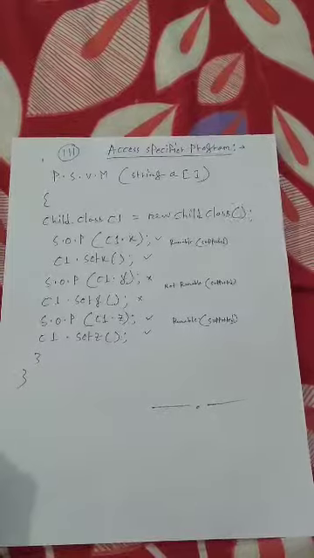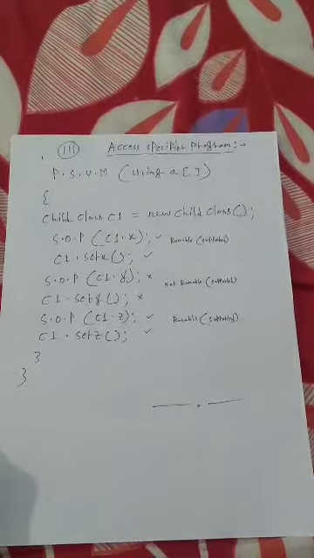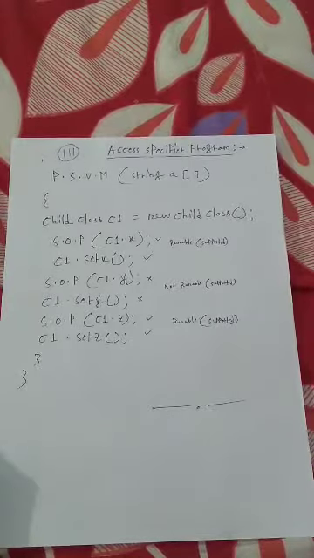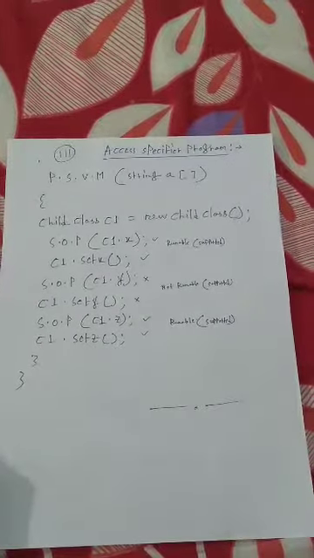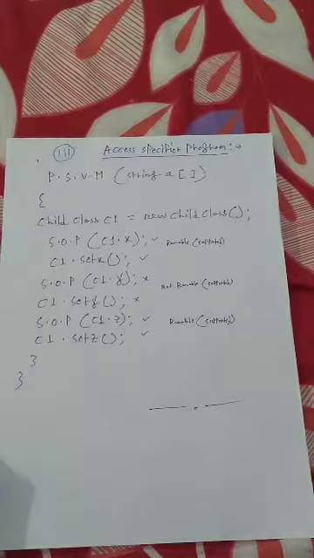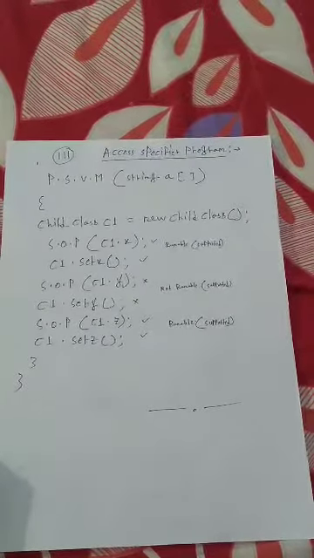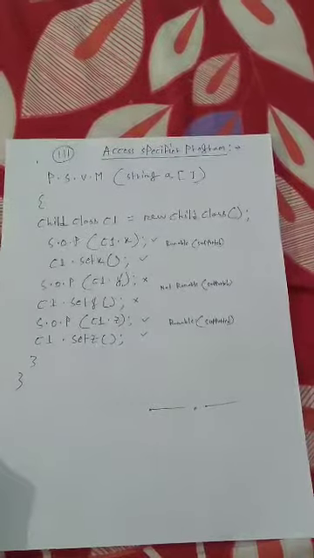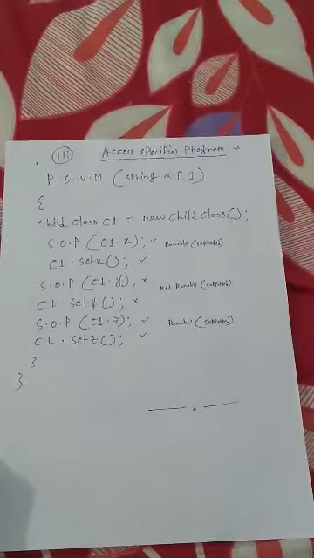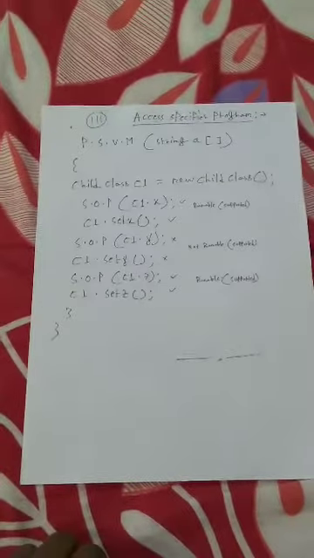You cannot call this in the subclass or child class. Then if you call c1 dot z and setZ, it is runnable because it is protected. So it mainly follows the criteria of all the access specifiers, and the program is implemented as per the access specifier chart.